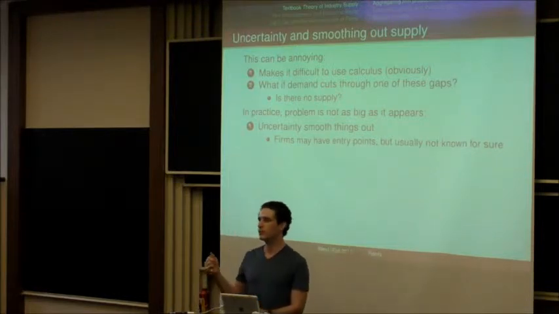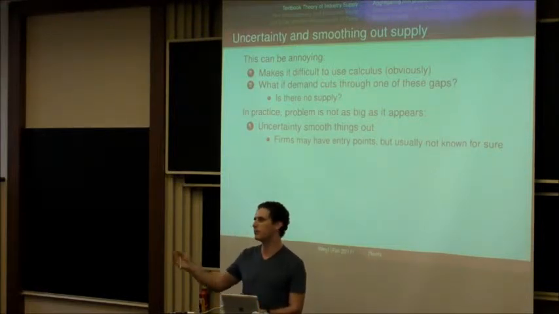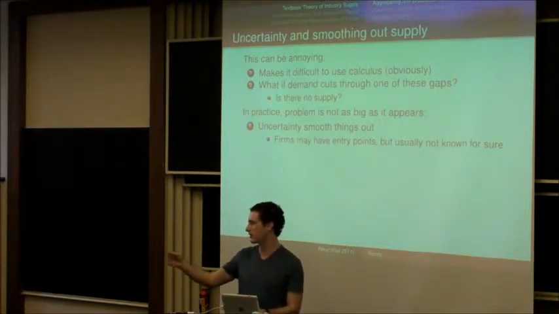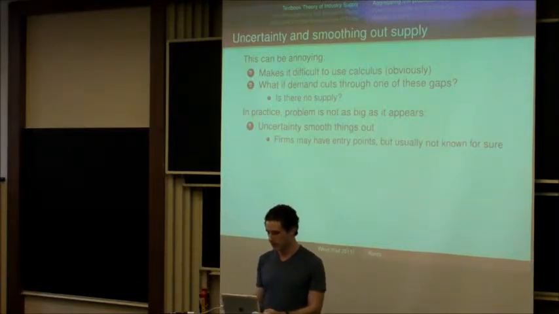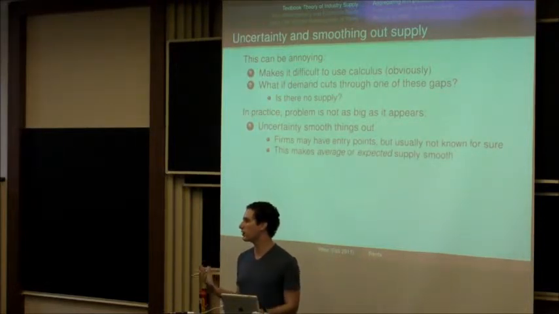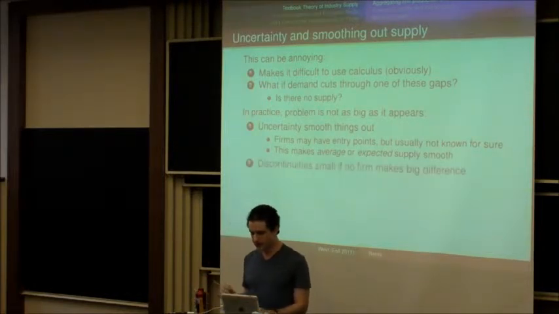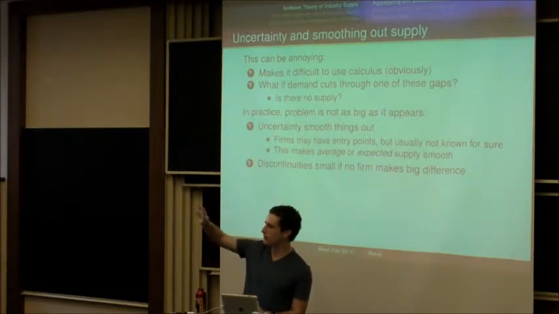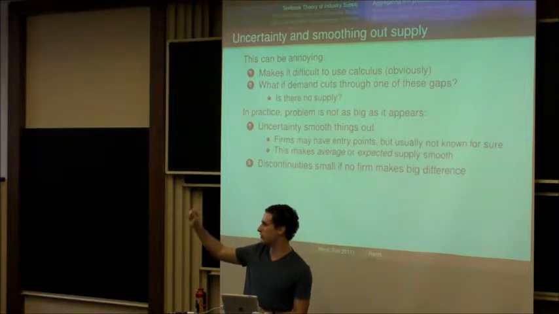They might enter at a price of 5, they might enter at a price of 6, they might enter somewhere in between. And when this is the case, we can think of the relevant quantity not being the supply, but the average supply to the market. Once we do that, everything gets blurred out, and there are no longer these discontinuities. The average supply is much more continuous than the supply.